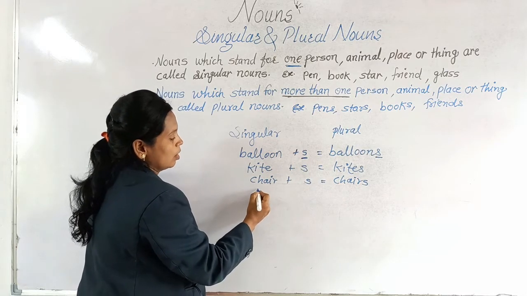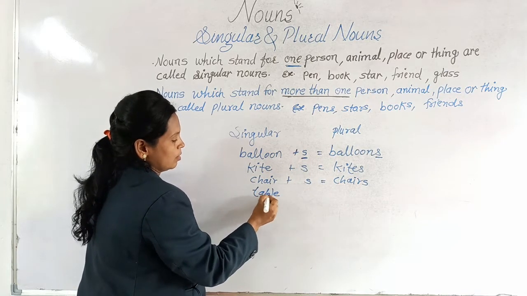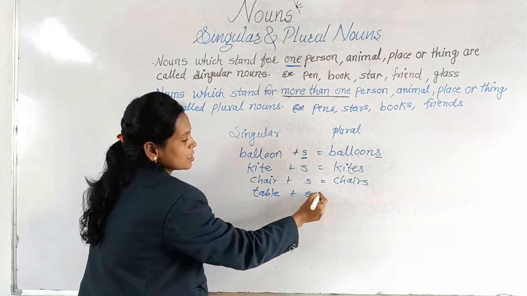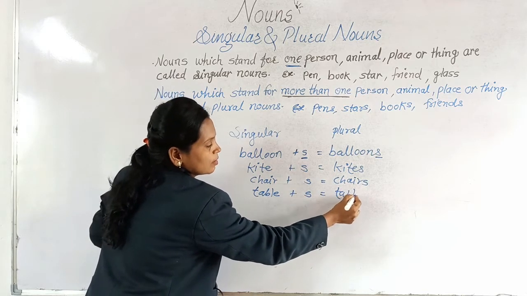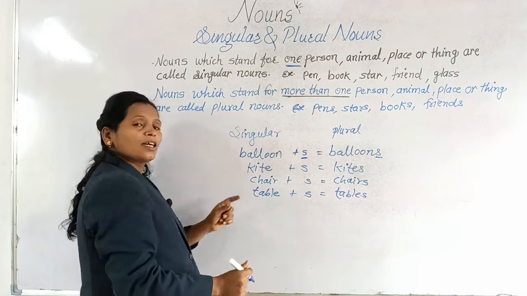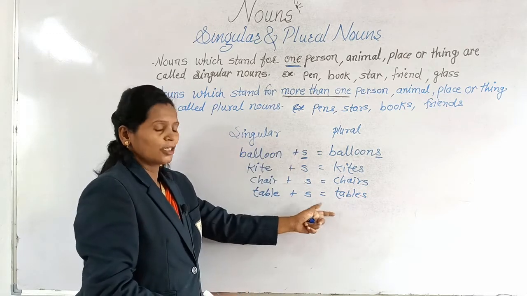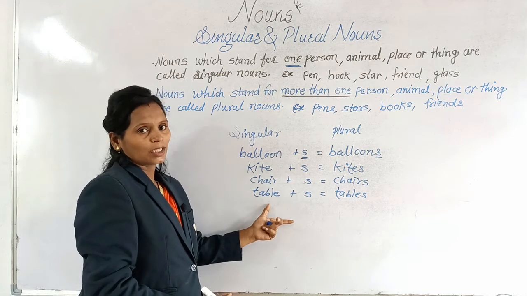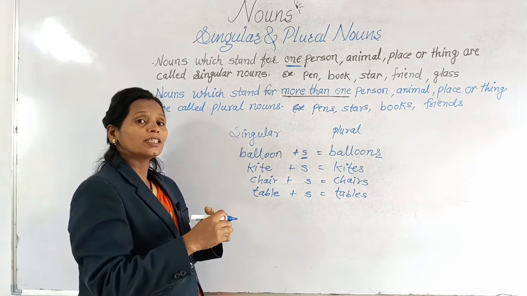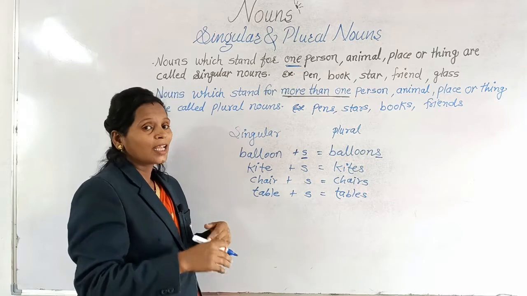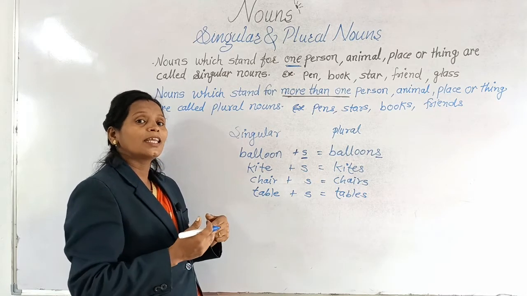Then here a table, plus s, tables. These are the examples of singular and plural. Did you understand, students?